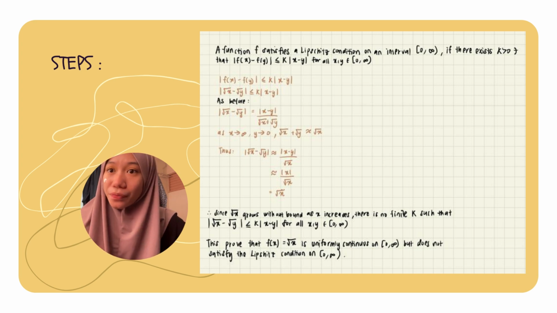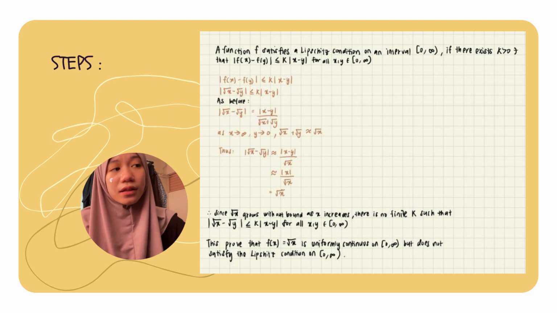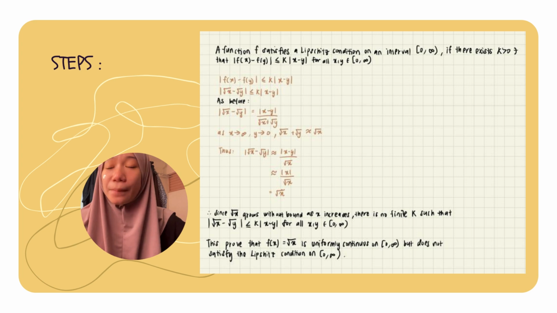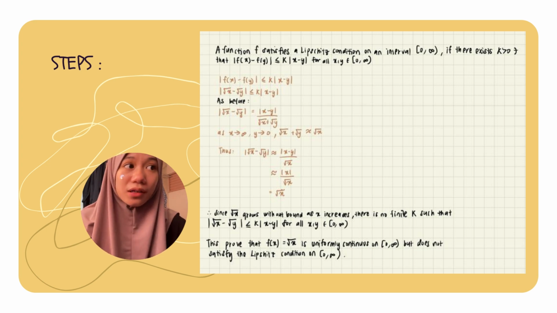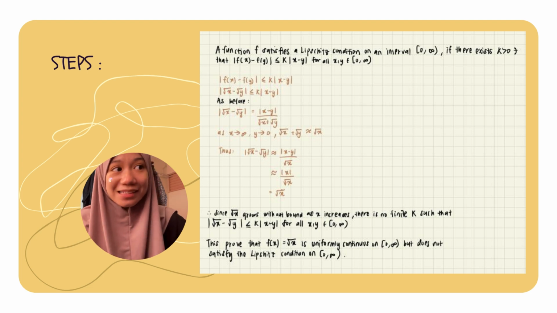And as before, we get the modulus square root x minus square root y is equal to in modulus x minus y divided by square root x plus square root y. And as x approaches infinity, y approaches 0, so we get square root x plus square root y approximately square root x.